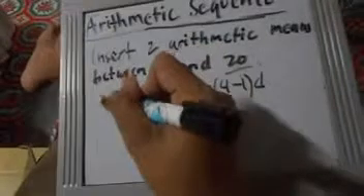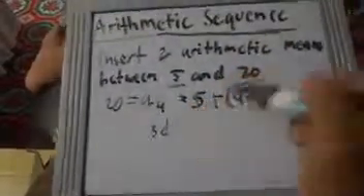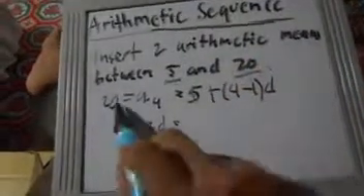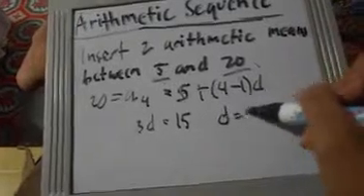Our a sub 4 equals 20. Of course, let's just simplify this: 3d equals 20 minus 5, which is 15. d will become 5.